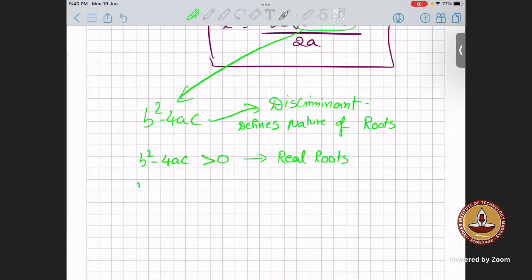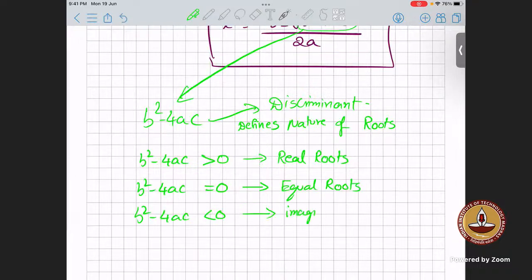B square minus 4ac equal to 0, equal roots. B square minus 4ac less than 0, no real roots. Agree?